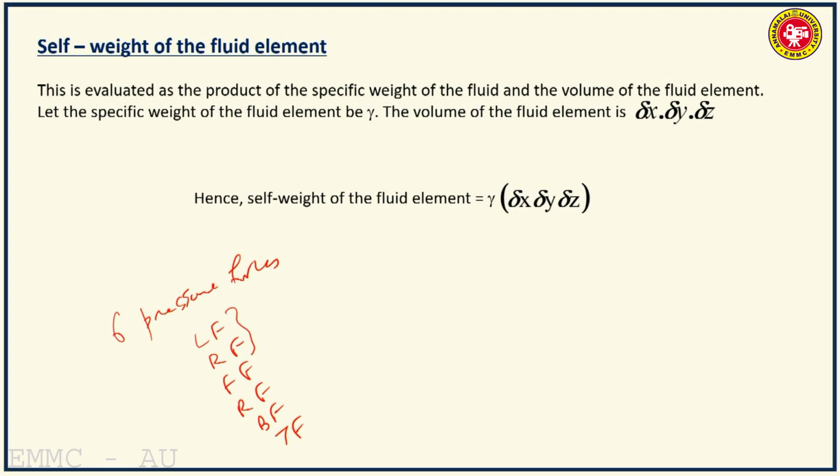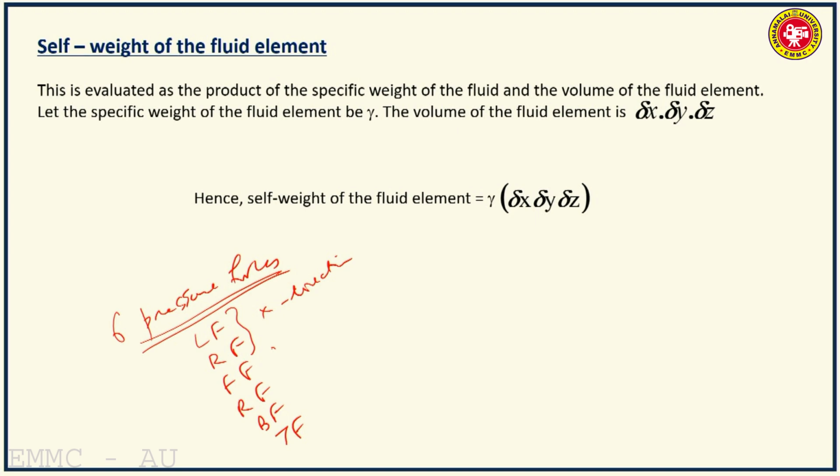Left face, it is positive X direction; right face, negative X direction; front face, positive Y direction; rear face, negative Y direction; bottom face, positive Z direction; and top face, negative Z direction, that is vertically downward. So we have established the expressions for the 6 pressure forces, assuming that the pressure varies in all 3 directions.